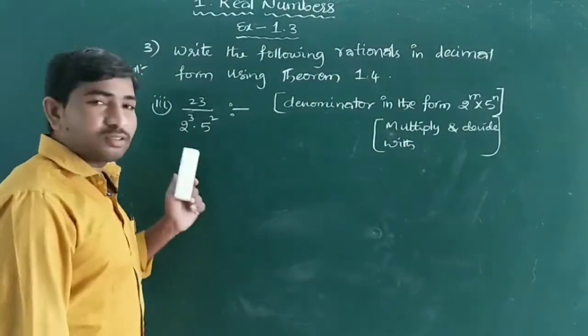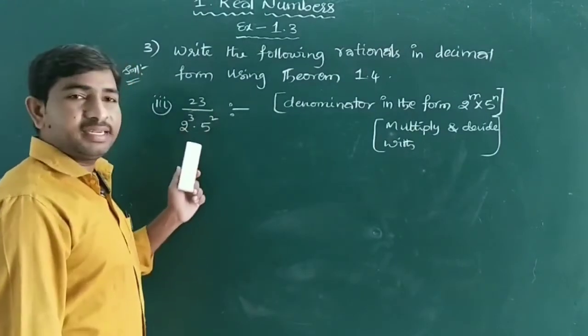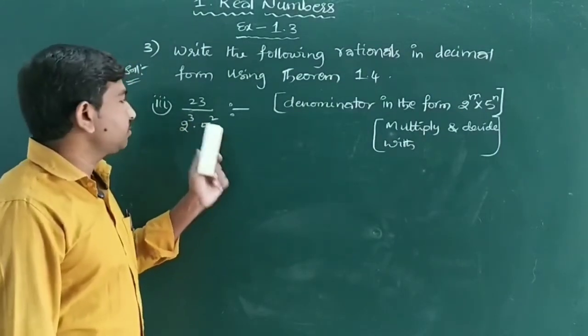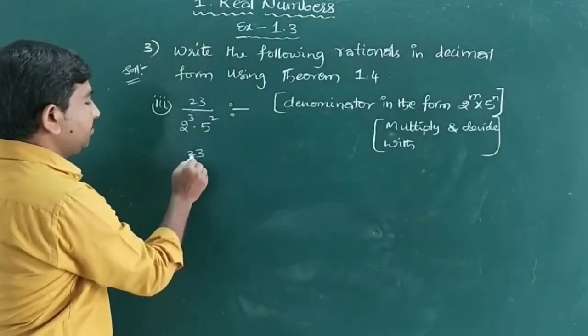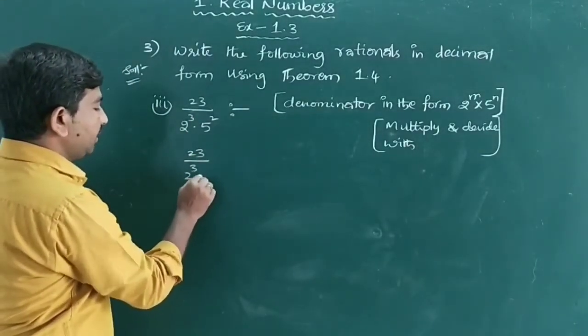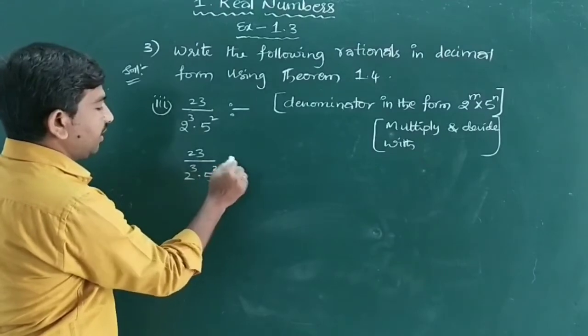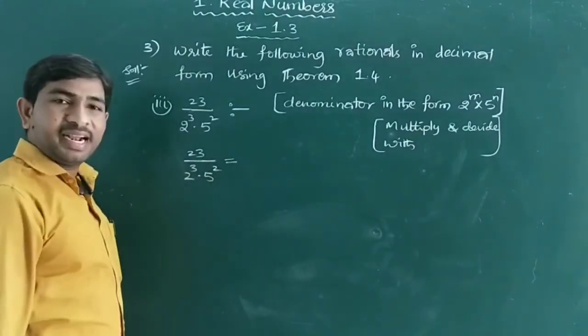Okay, so the next, third problem: 23 by 2 power 3 into 5 square. We have to find the decimal form for this. So 23 by 2 cube into 5 square, I am rewriting this.